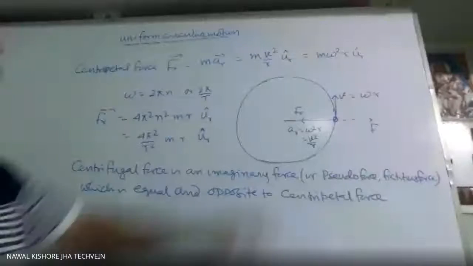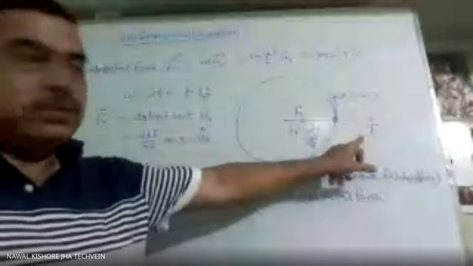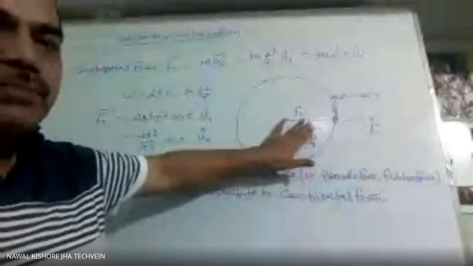We are assuming another force is also acting on this object which balances centripetal force. Once the object starts rotating, a centrifugal force starts acting on it, in order to balance it. Otherwise, what will happen? If we are not giving the necessary centripetal force, it is not moving towards the center. It is moving outward. It is going out.